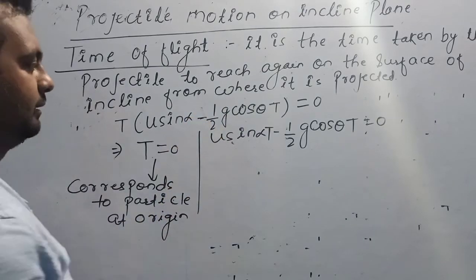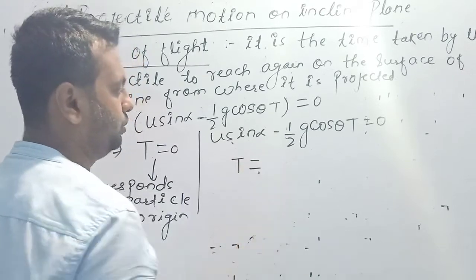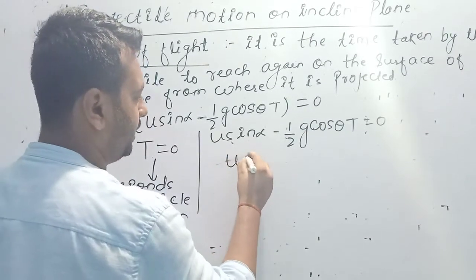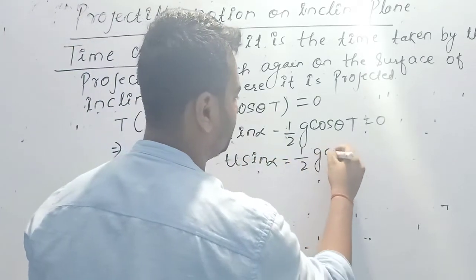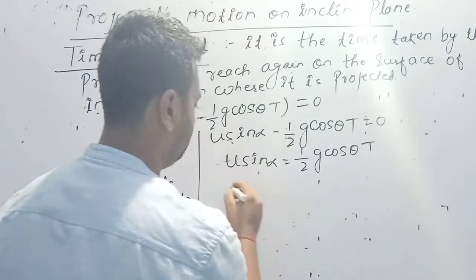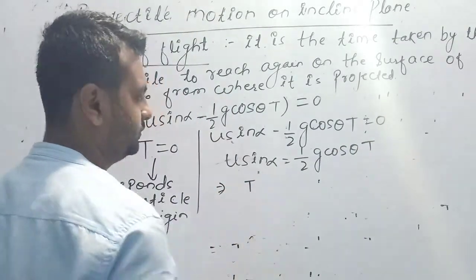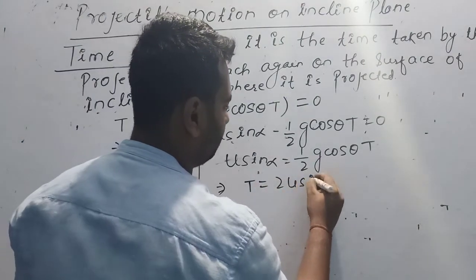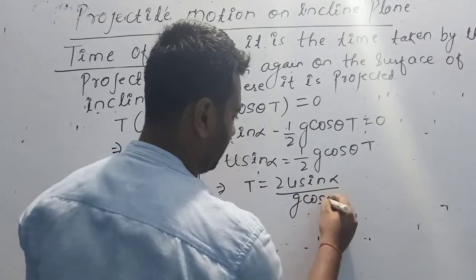Here we will get the value of time: u sin alpha is equal to half g cos theta into t. From there I can get t is equal to 2u sin alpha upon g cos theta.